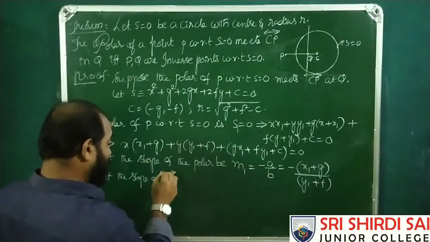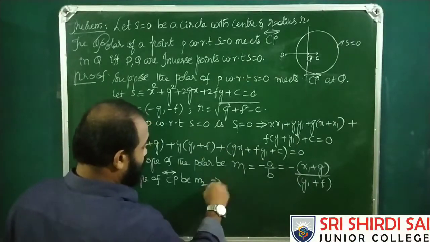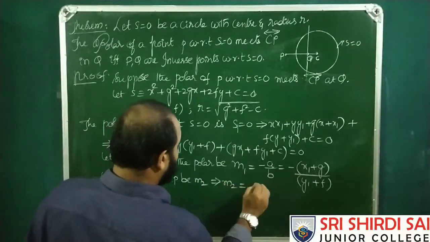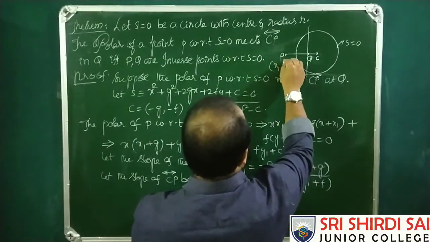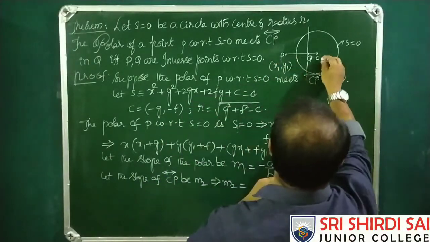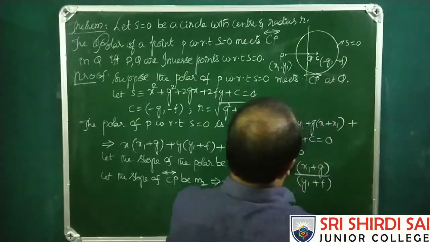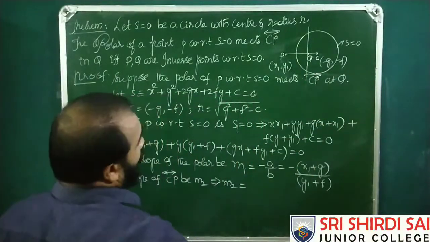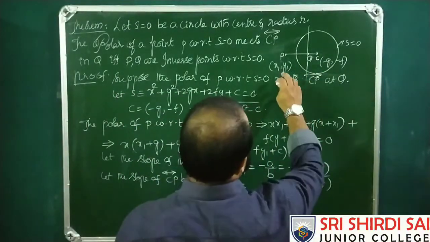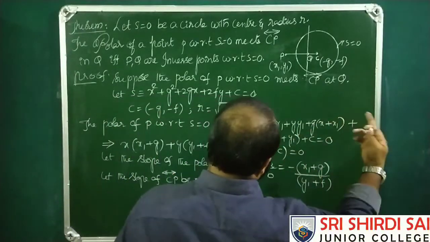Let the slope of CP be m2. So m2 is equal to, so point P is x1 comma y1 and C is minus g comma minus f. So when 2 points are there, what is the slope? y2 minus y1 by x2 minus x1, difference of ordinates by difference of abscissa.